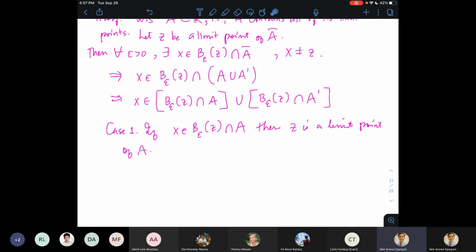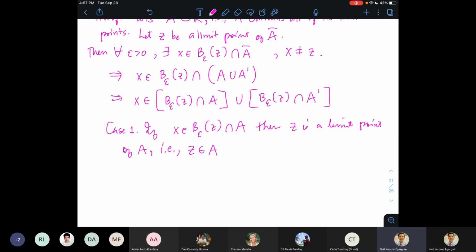Okay, now, Mari, you got the plus 1 point for the problem set. Okay, now, ano kaya yung susunod kong argument sa proof? So, ibig sabihin, kung si Z ay isang limit point, so that makes Z an element, para kompleto, that is, Z is an element of A prime. Tama?